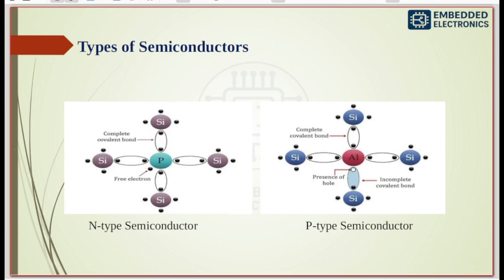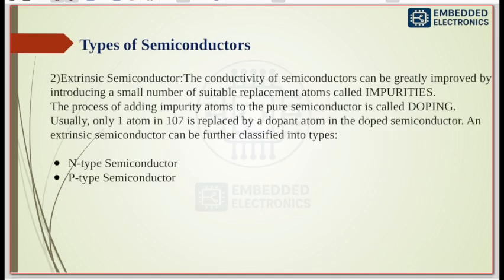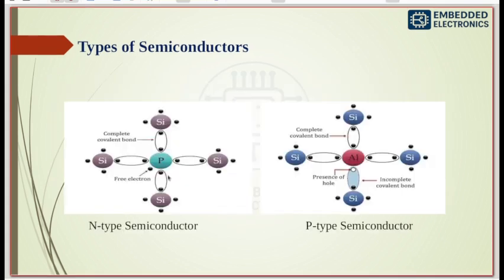extrinsic type of semiconductor. The conductivity of semiconductors can be greatly improved by introducing a small number of suitable replacement atoms. What it means is, to improve the conductivity, we add a small number of suitable replacement atoms. Here we added phosphorus and here we added aluminium.